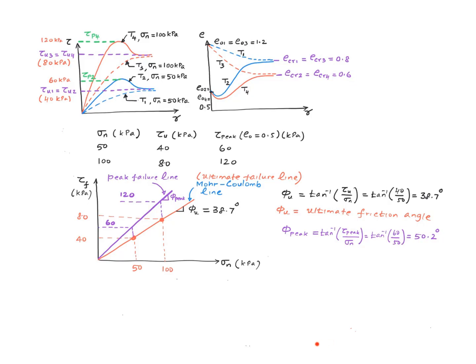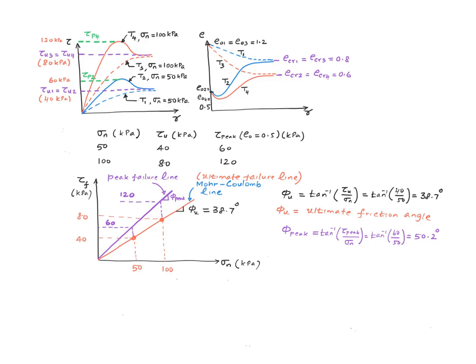And therefore the difference between phi peak and phi u is going to be a combination of the initial void ratio and the normal stress. For instance, if the initial void ratios for these specimens had been say 0.55 or something like that, we might have had a line somewhere in between.